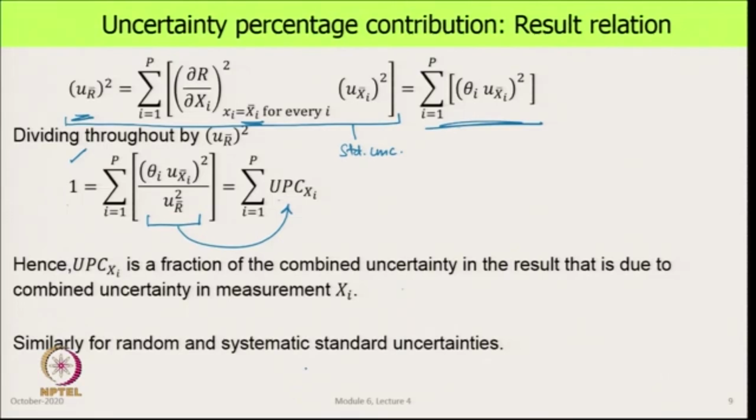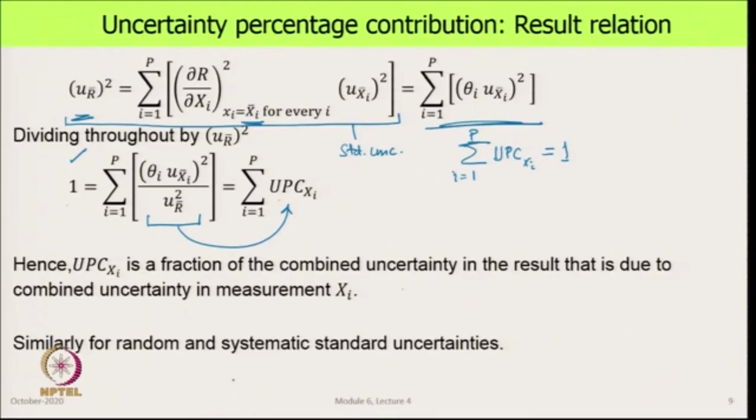So, we have a nice conclusion coming up here, that the summation of the uncertainty percentage contribution from each measurement is 1. So, this gives us quite a tool to understand more about these numbers.